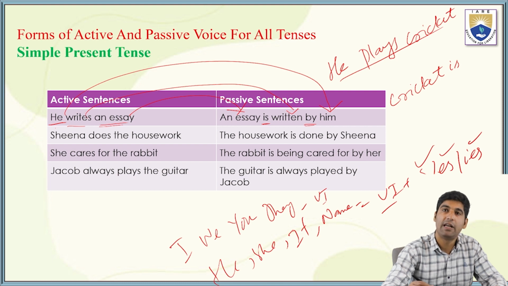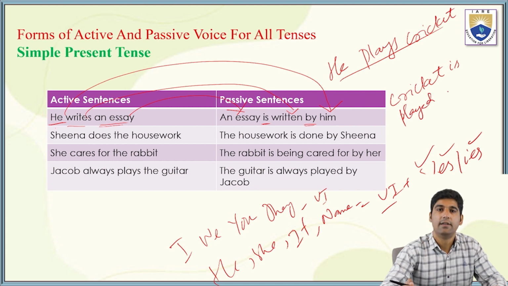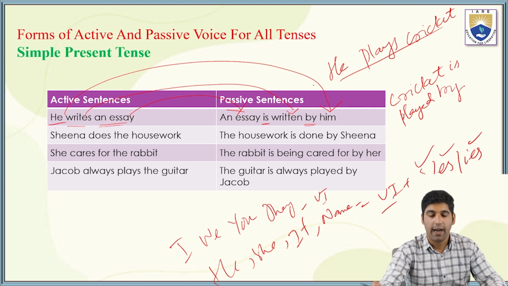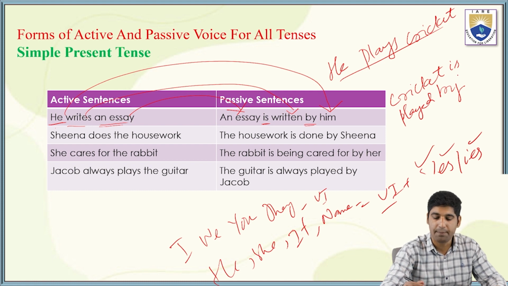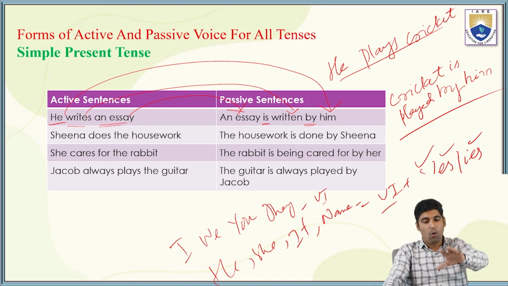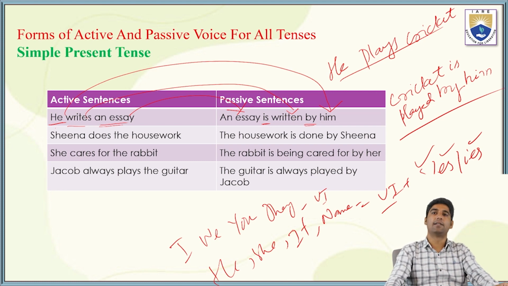Then the verb will require the third form, that is, cricket is played. Now after the verb we need to use the preposition by. And then this subject will be the object. And when we are changing pronouns, he becomes him. Cricket is played by him. So this is how we are changing present indefinite tense from active into passive.